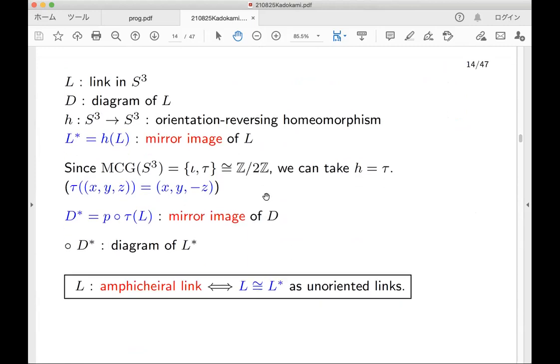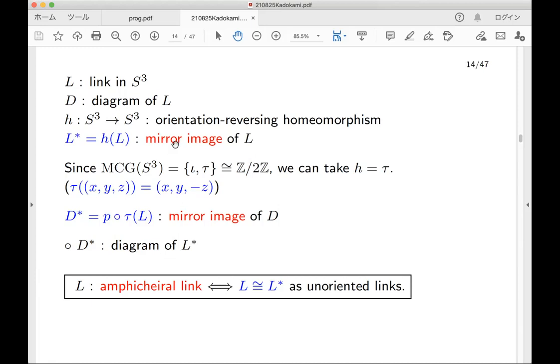Let L be a link in the 3-sphere with a diagram, and let H be an orientation reversing homeomorphism of the 3-sphere. Then we denote HL by L star.